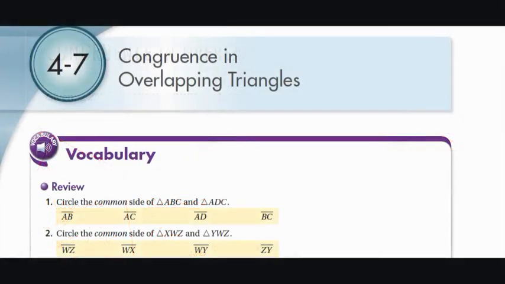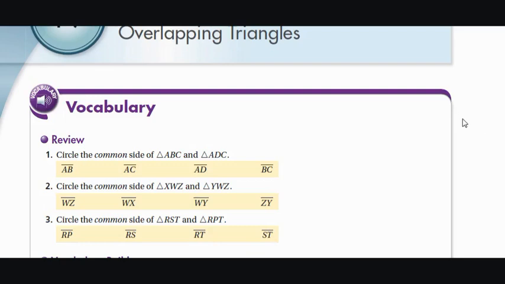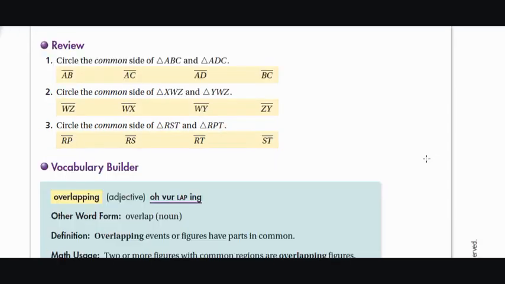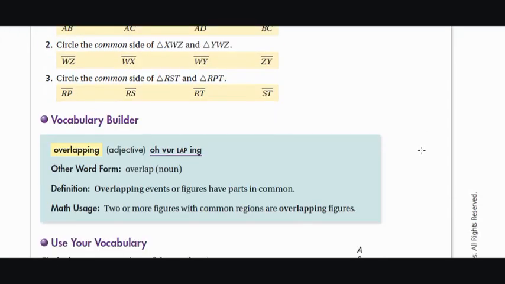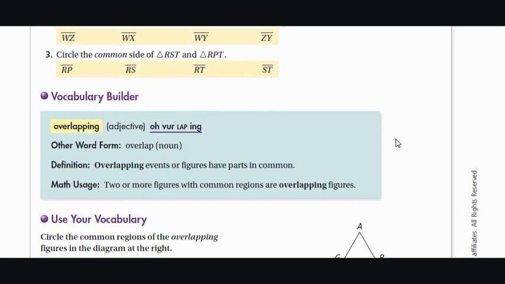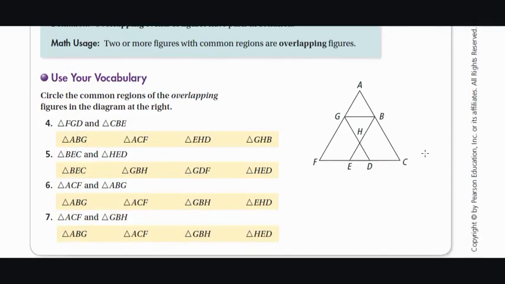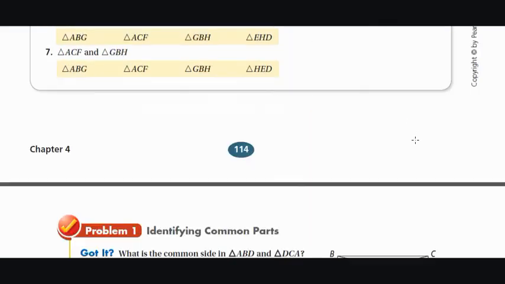Okay, here's a look at your assignment for this lesson. Looks like you're going to start off reviewing common sides of overlapping triangles. Little vocabulary builder. What does overlapping mean? What is the adjective and what is the noun? You're going to use your vocabulary a little bit to answer some questions.